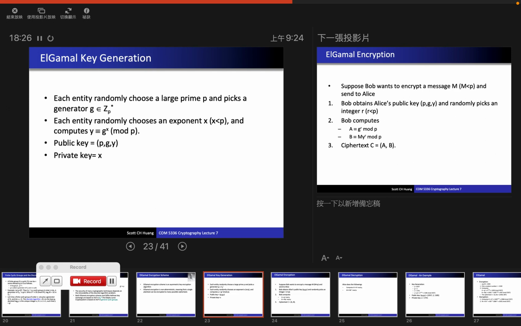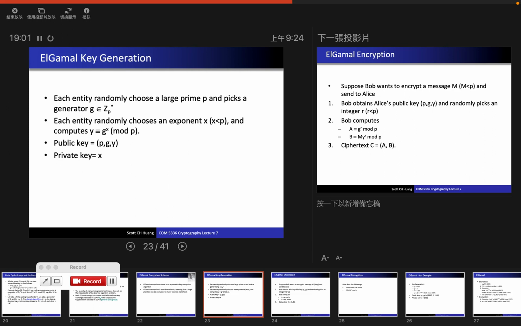This is also the key idea of Algol. The sender and receiver both know this G to the AB, and it is used as a seed for the key, to generate a way to block the original message. We will see.